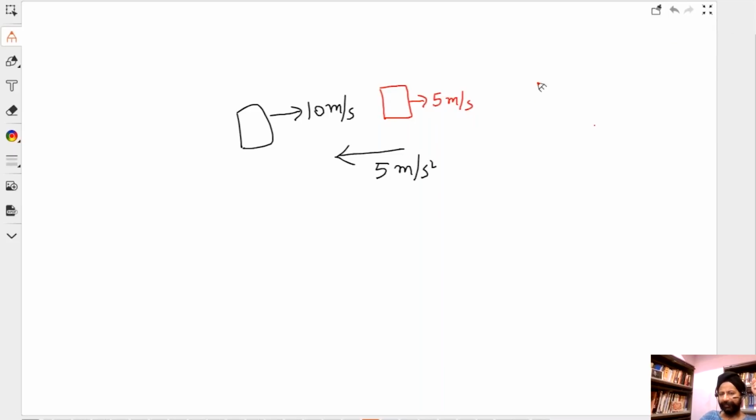After 2 seconds, the speed will be 0 meters per second. After 3 seconds, its speed becomes 5 meters per second, and then it keeps increasing in this direction. It goes on to 10 meters per second here. Look at this, this watch goes up. It has a velocity going up. Acceleration is always downwards. So the body goes up, stops. Acceleration doesn't stop, so then it starts going backwards.